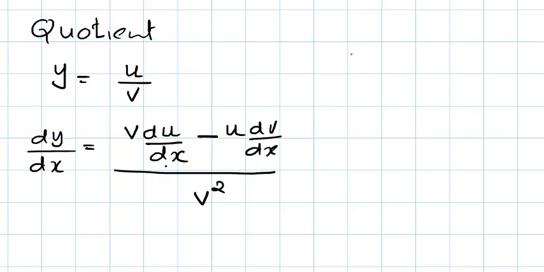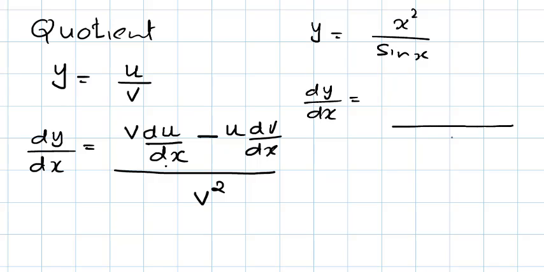For example, suppose y is given by x square divided by sin x, then dy by dx will be equal to, look at this. Here x square is your u, sin x is your v, so in the denominator you need v square, which is nothing but sin square x.